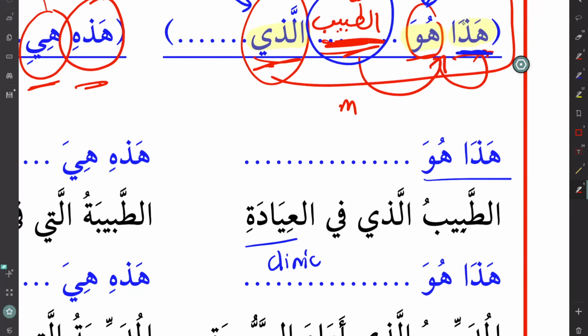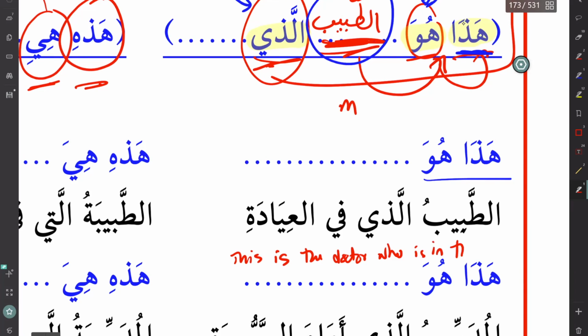This one says هذا هو الطبيب الذي في العيادة. So how would you translate this one here? You would say this is the doctor who is in the clinic.